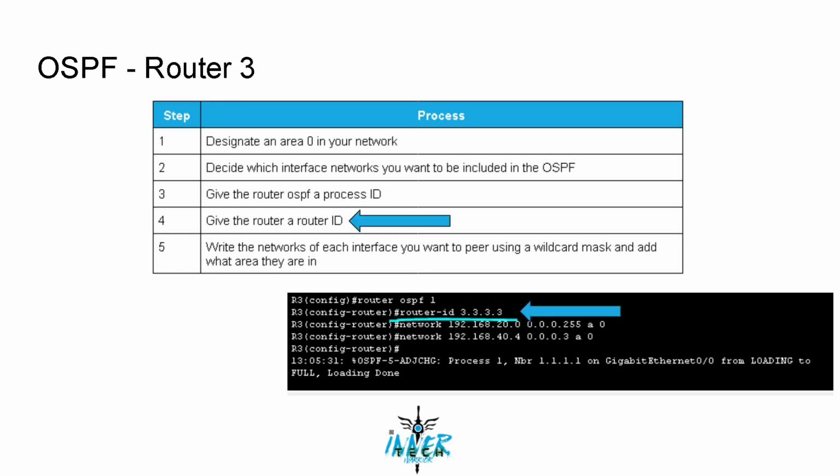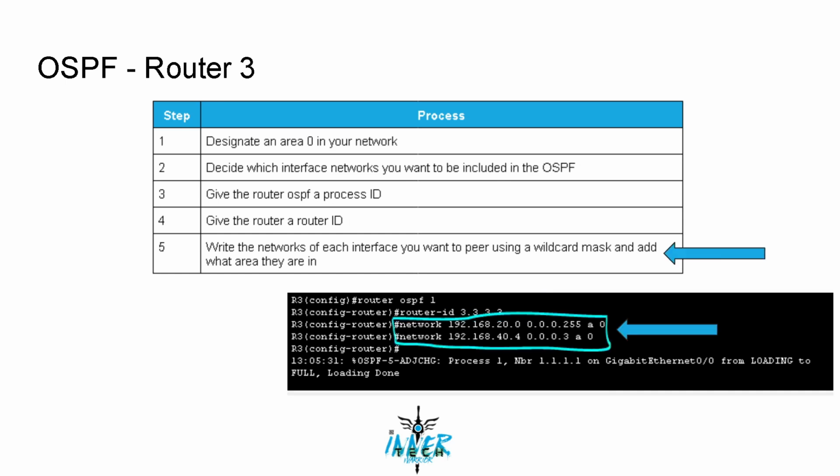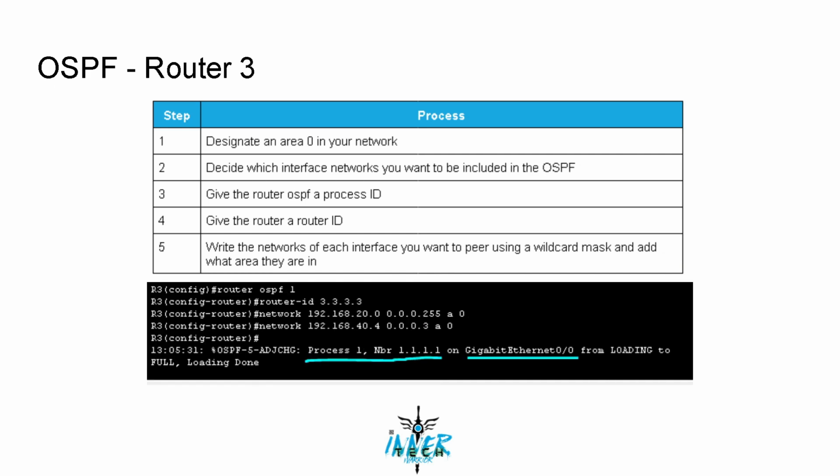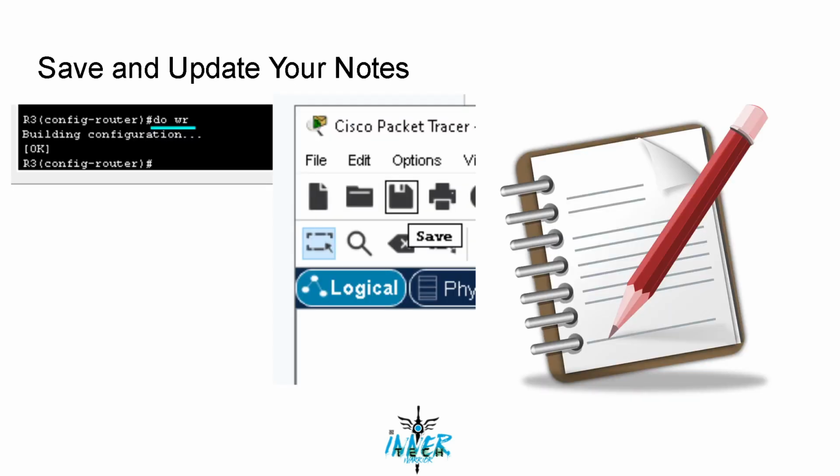Then the router ID 3.3.3.3, since this is router 3. Then the two networks from the show IP route connected command, followed by the wildcard mask and area 0. Notice again that an alert log will appear stating that OSPF started sharing routes with router 1. Save your configuration, save your Packet Tracer file, and update your notes.